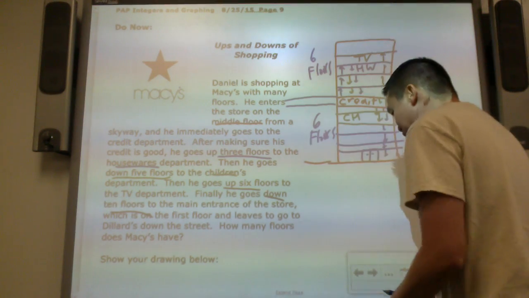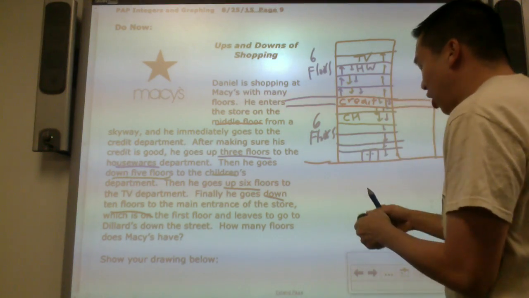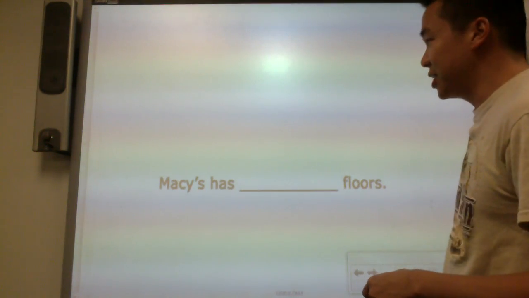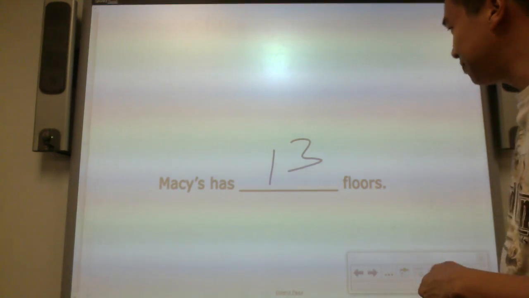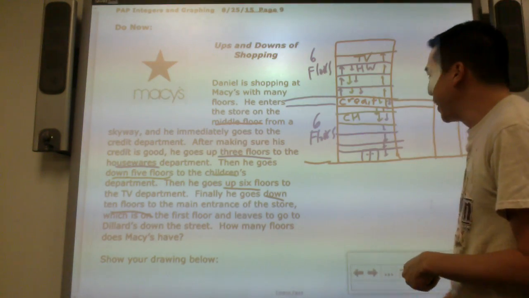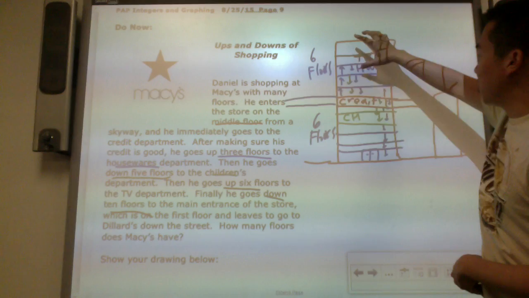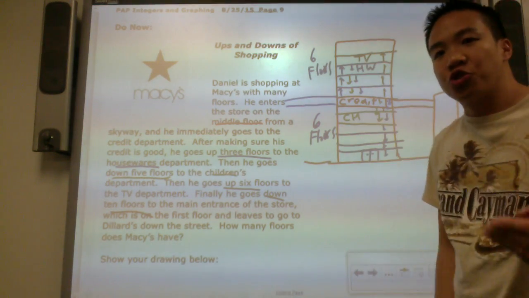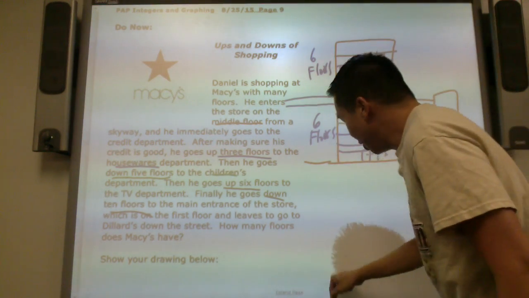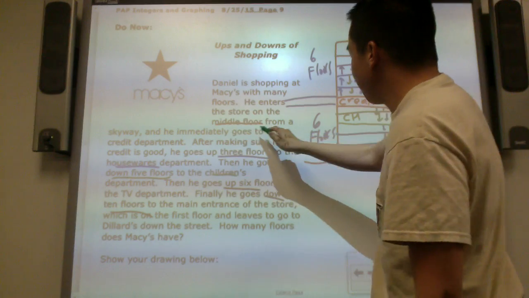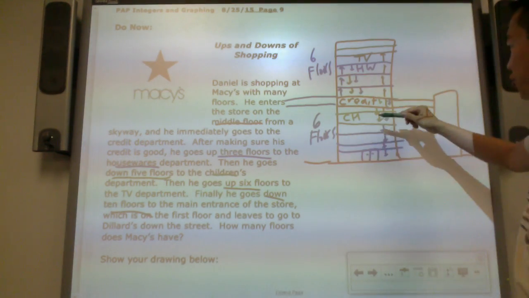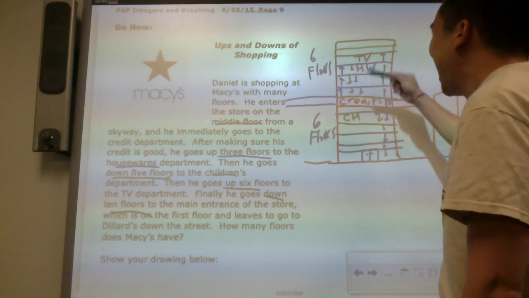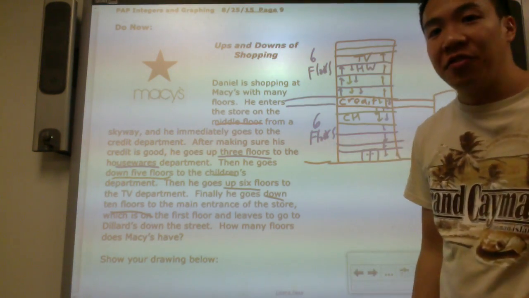So the answer is there are 13 floors. Macy's has 13 floors. I know some of you may have just counted the number of floors you drew, but you did not read or understand that the middle floor means you need to have 2 more floors there. So there's 6 floors below the credit department and 6 floors above.